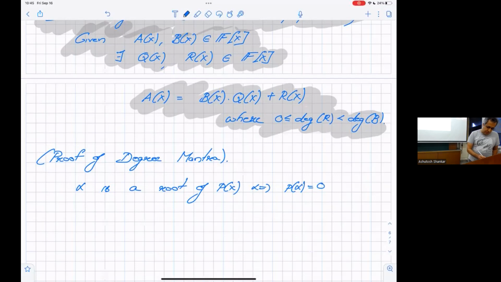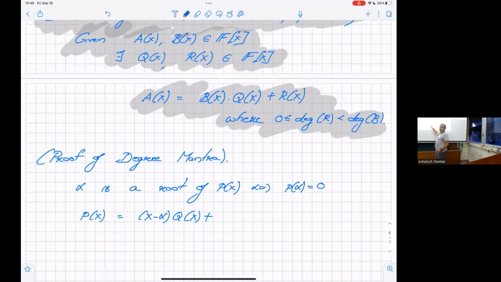Now, the division algorithm tells you that I can divide P of x by x minus alpha and get a quotient polynomial plus something. And that something has to be of degree smaller than x minus alpha. So in particular, it has to be a constant. It can't even be a linear polynomial.